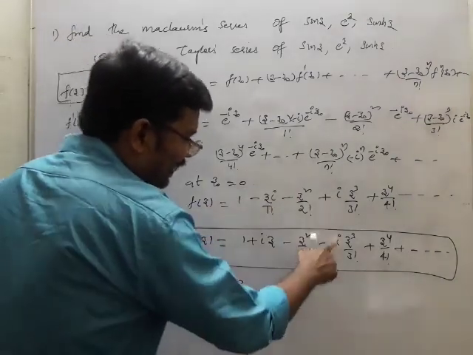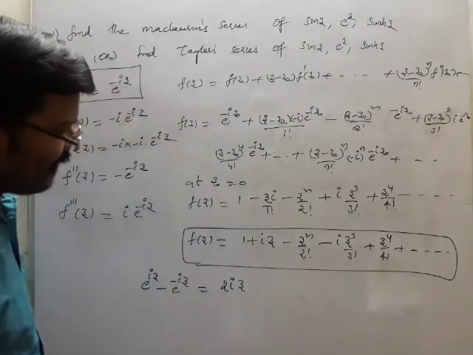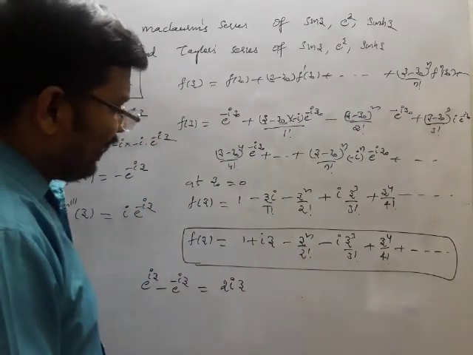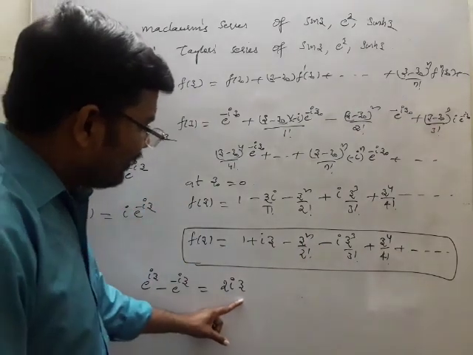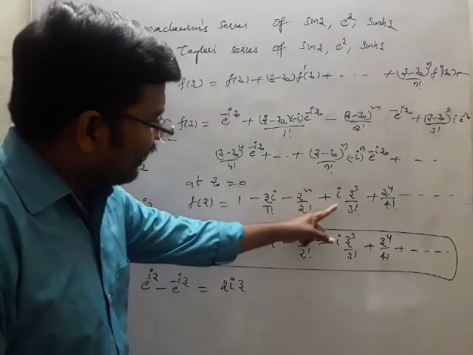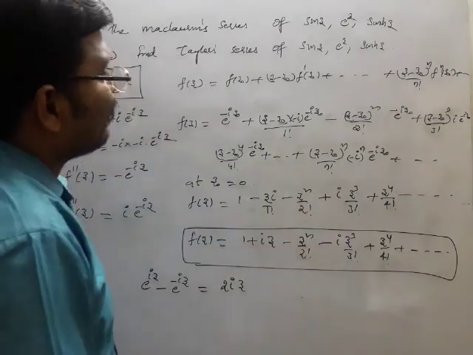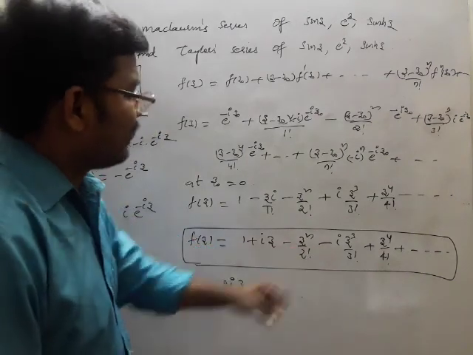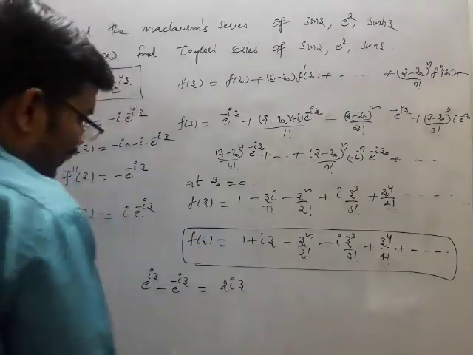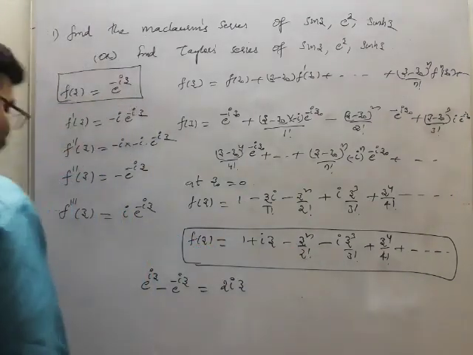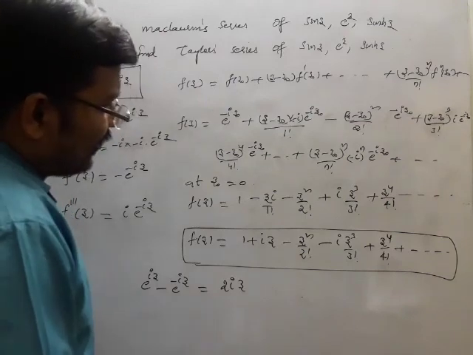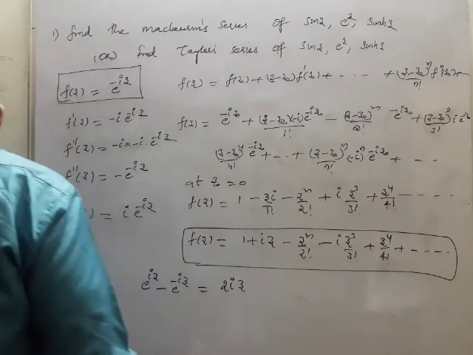Now you can understand that you will be getting 2z, and this one is i, so you will be getting it in the form of z cube by 3 factorial.